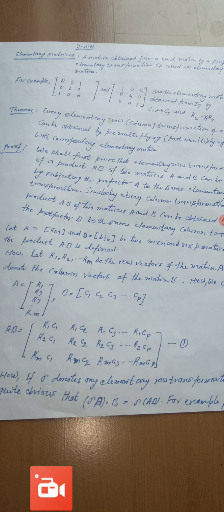This is also obtained by multiplying R2 by 4. That means by a single elementary transformation we have obtained this matrix from the unit matrix. So sometimes such an example is asked in your exam.